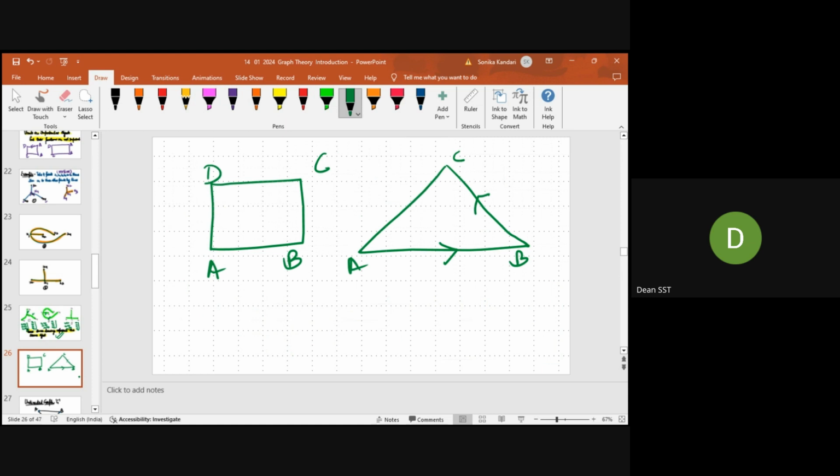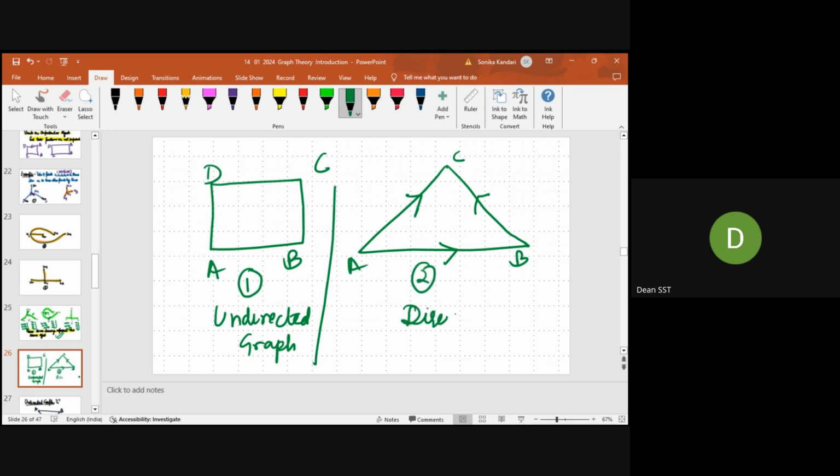B to C, we have one arrow. And A to C, we have one arrow. So graph number 1 is an undirected graph, a graph having no arrow. And the second one is a directed graph. It means the graph has arrows.